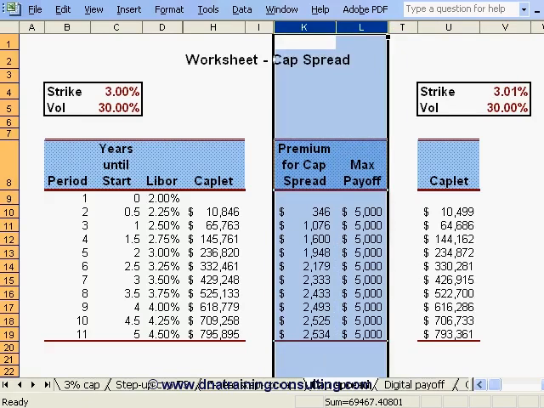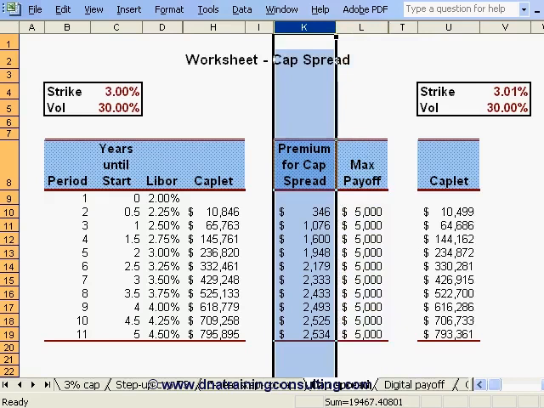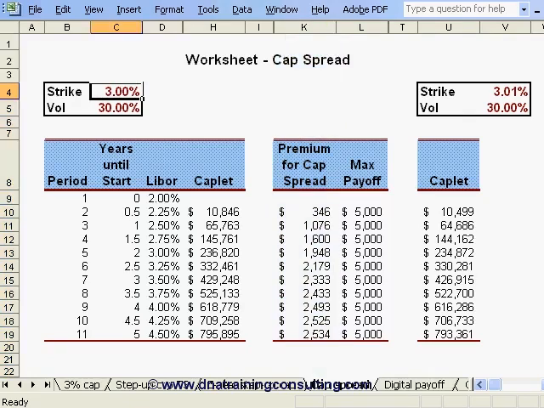Column K provides the pricing of cap spreads. That is to say, the combination of being long the 3% cap and short the cap with a strike of 3.01%.